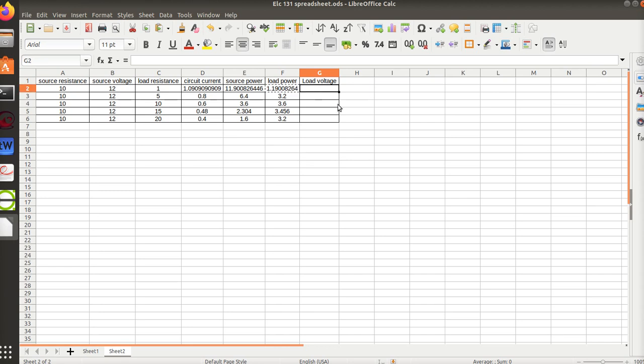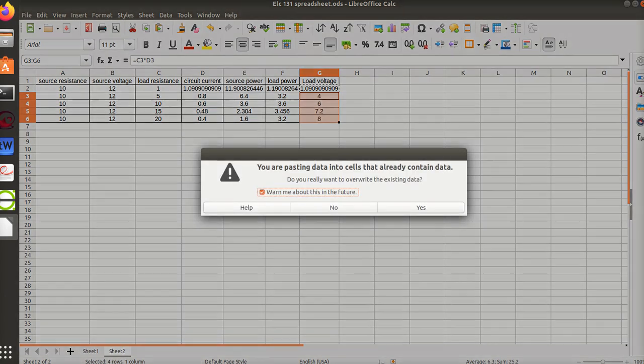So that is just C2 times D2, and then copy it down. Equals C2 times D2, enter, and then I Control C, highlight, Control V, enter, and ignore the warning.